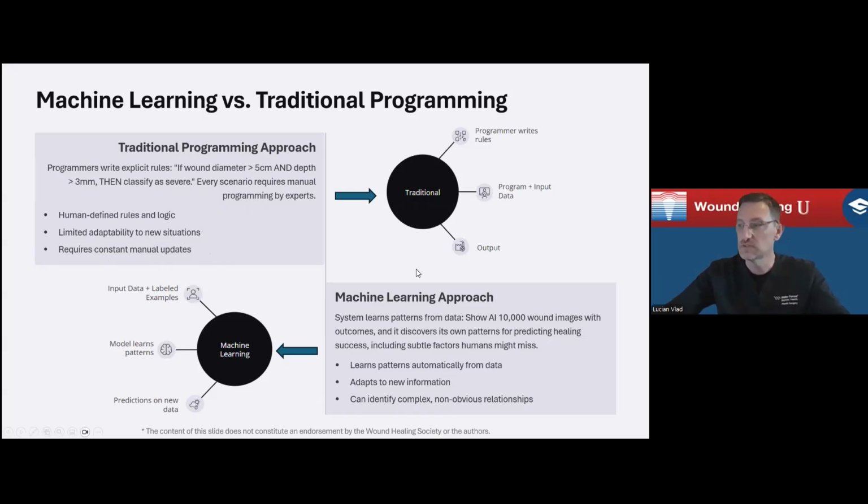And so what's different now is machine learning. In machine learning, as a principle, the system learns patterns directly from data without actually inputting these rules. You just show it data, similar to the way babies learn. You just show them stuff, with repetition, and they see things, and patterns get created.